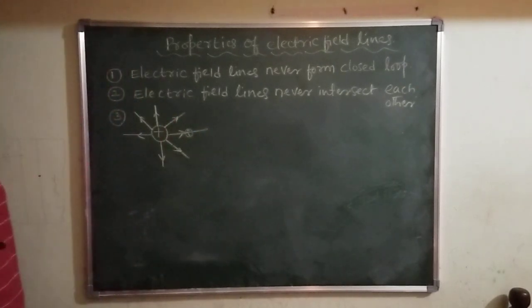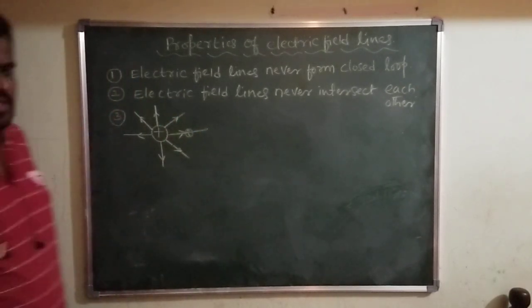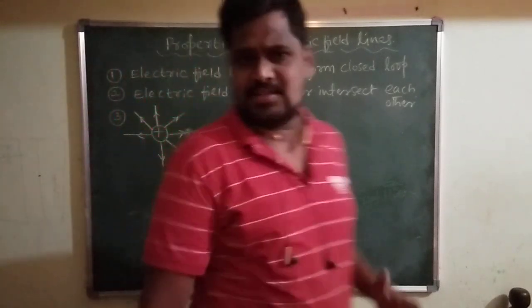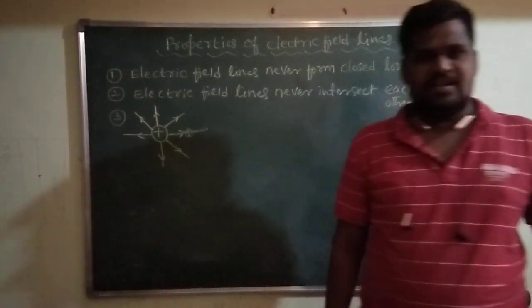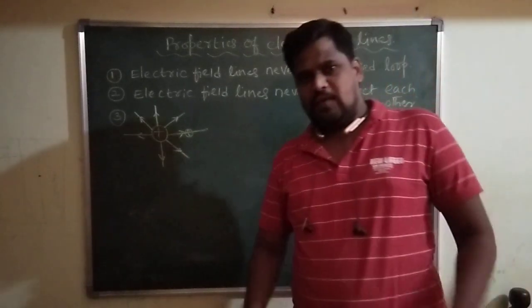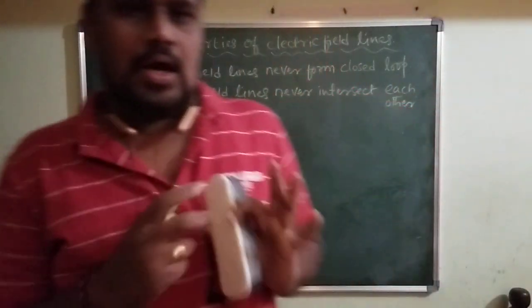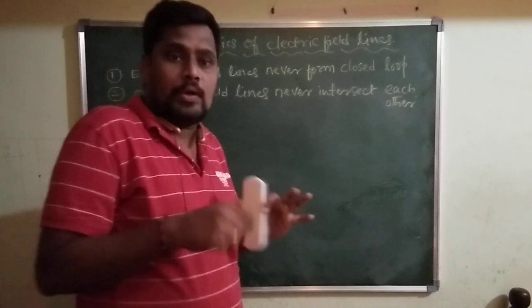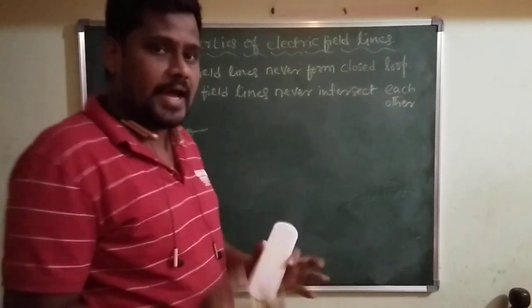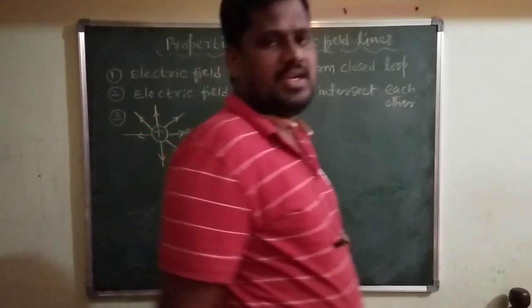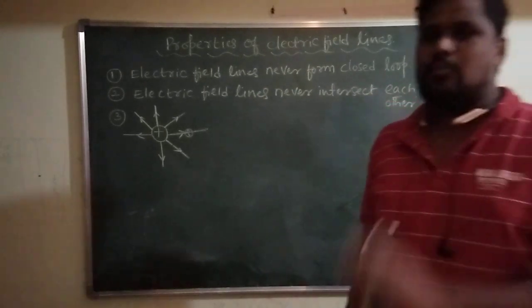Sometimes what happens is, electric field lines, instead of straight lines, may be curved. If electric field lines are curved, how are you going to identify or recognize the direction of the electric field at a point?